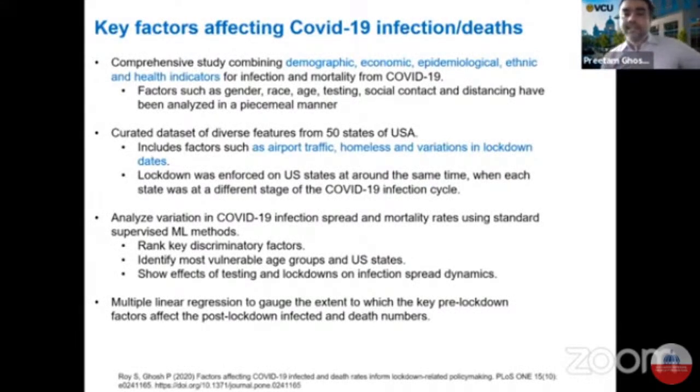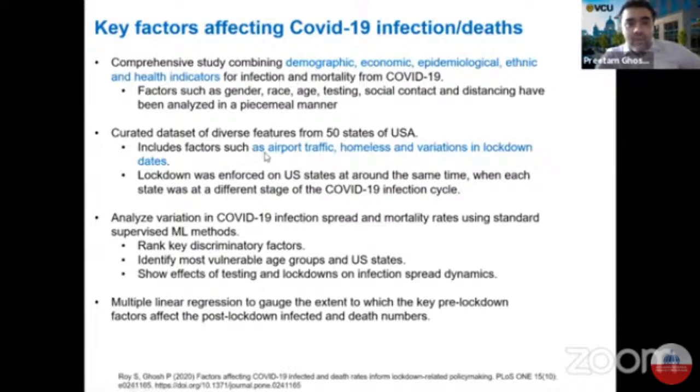The first thing that we did here was, can we identify the key factors affecting COVID-19 infection and death numbers? We looked into a very comprehensive data set. We looked into the demographic, economic, epidemiological, ethnic, and health indicators across the 50 states of the US.